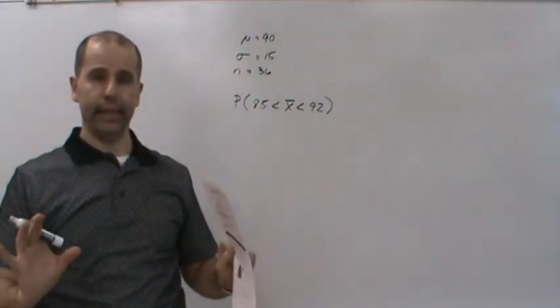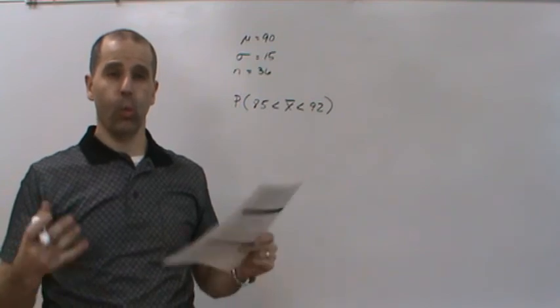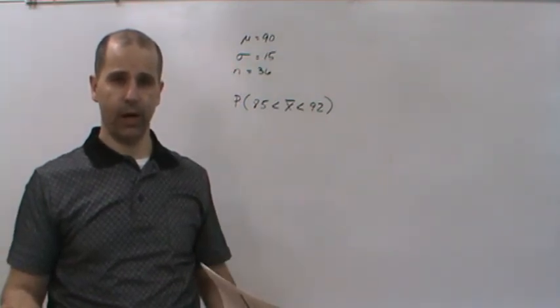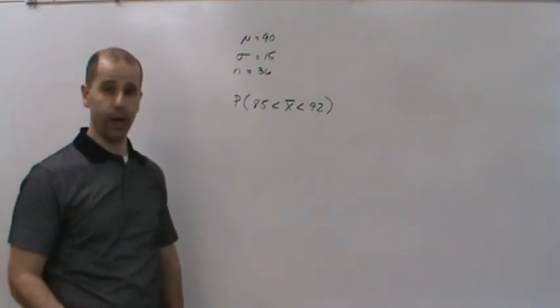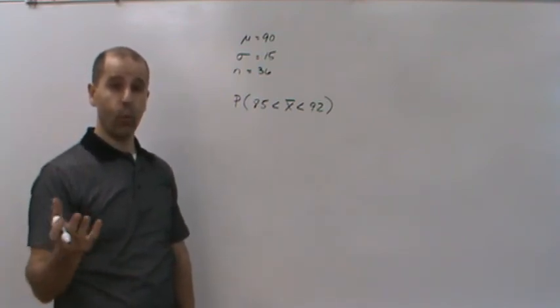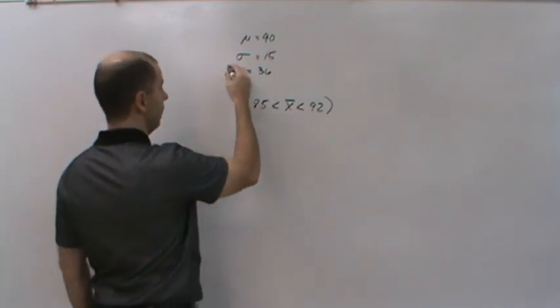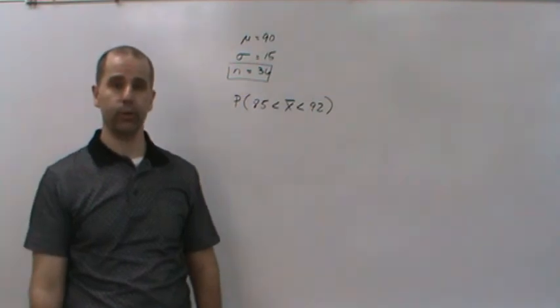So here's where we have to know what is the distribution of x bar, the sampling distribution. So what is the sampling distribution of x bar? Well, in this case here, it's going to be approximately normal. Why? Because n is greater than or equal to 30.